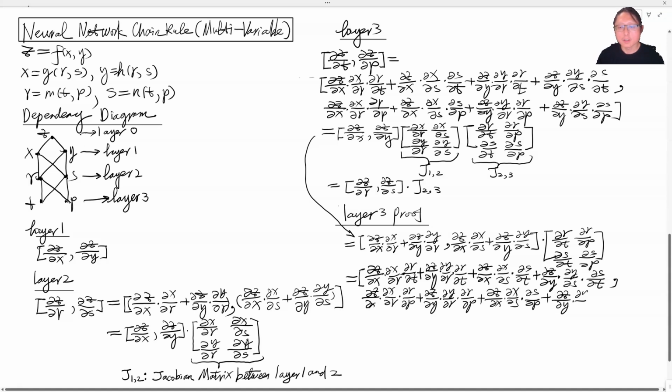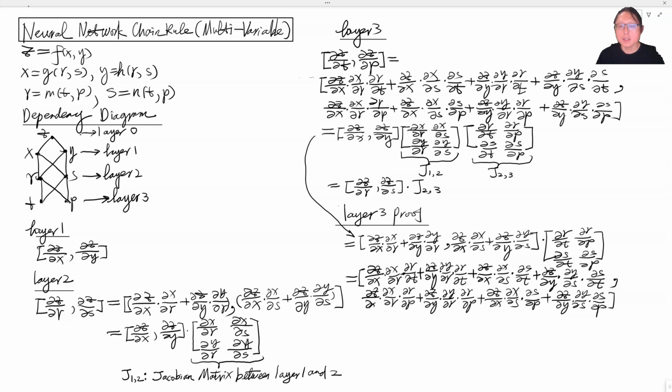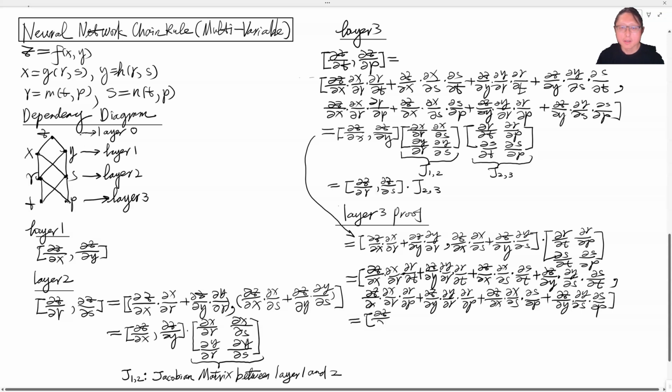I just do the vector and matrix multiplication, write out the layer 3's partial derivative, and we can see after I did the multiplication, it's the same as what we just wrote out using the different paths.